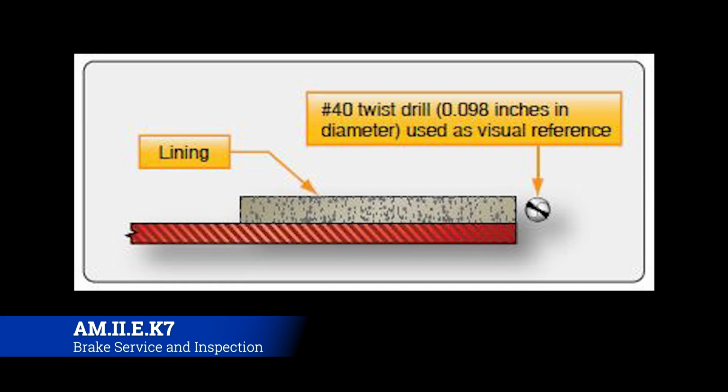You can do the same thing with a leaf gauge. You simply feather it out to 0.098 and stick it in there. If it fits, then the brakes are good. If it doesn't fit, the brakes are bad. It's pretty simple. But no matter what, this is just an example. Always follow whatever the manufacturer recommends for measuring the status of the brake linings.